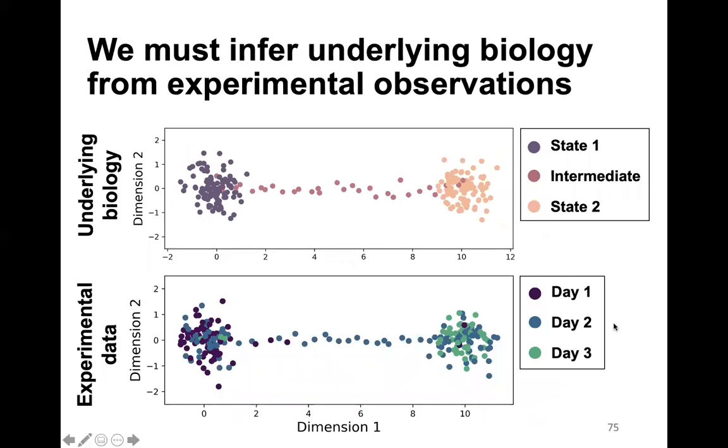And you get some set of days that you're measuring. The goal is actually to identify this underlying progression. You'd like to reorder them such that cells from state 1 are the earliest, and cells from state 2 are the latest. I'm going to talk a little bit in this section about how we actually identify that ordering, but the key phrase is that pseudotime produces an ordering of cells.